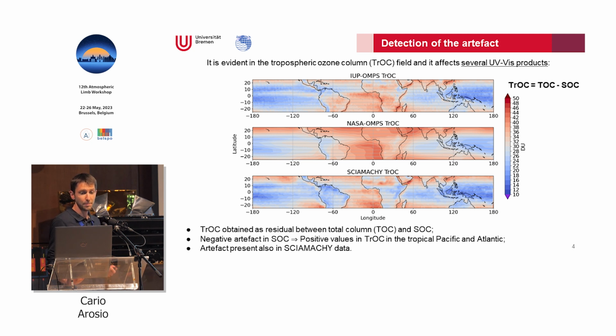And as we can see, we have a positive band-shaped artifact in the Pacific region, because we saw the negative artifact in the stratospheric ozone column.